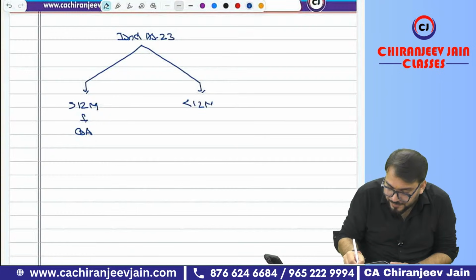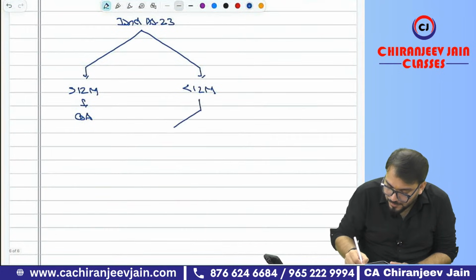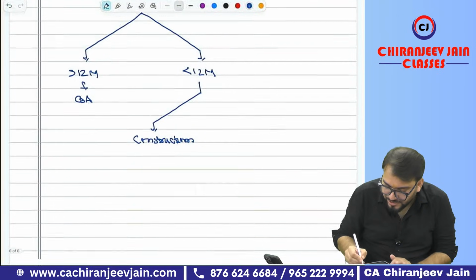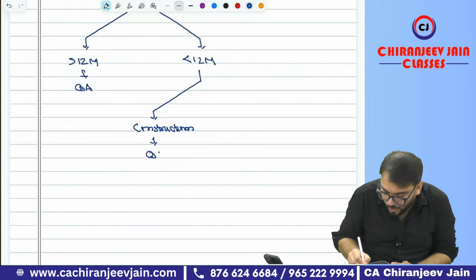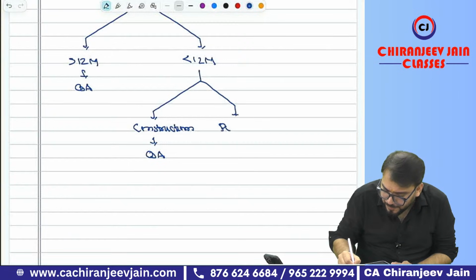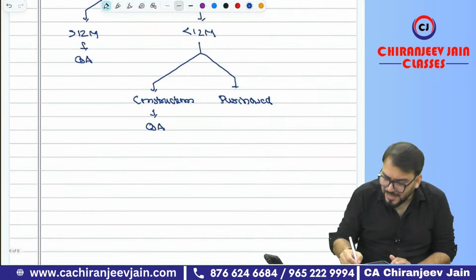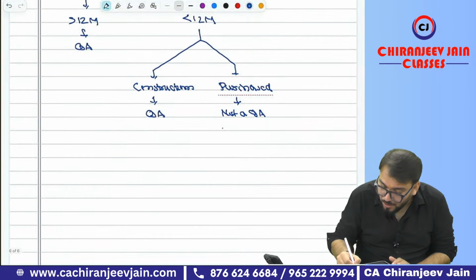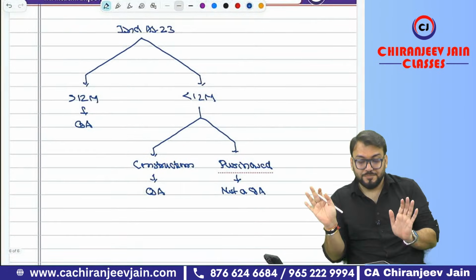Less than 12 months, construction, always assume qualifying asset. If it is purchased and nothing is mentioned, then assume not a qualifying asset. However, an alternative answer can also be given.